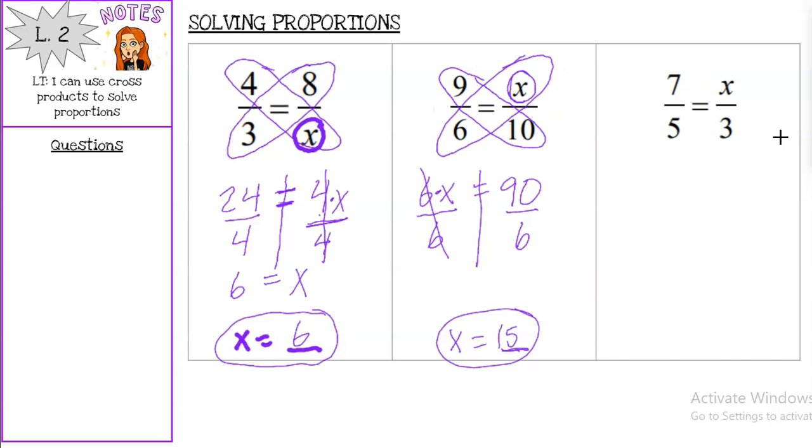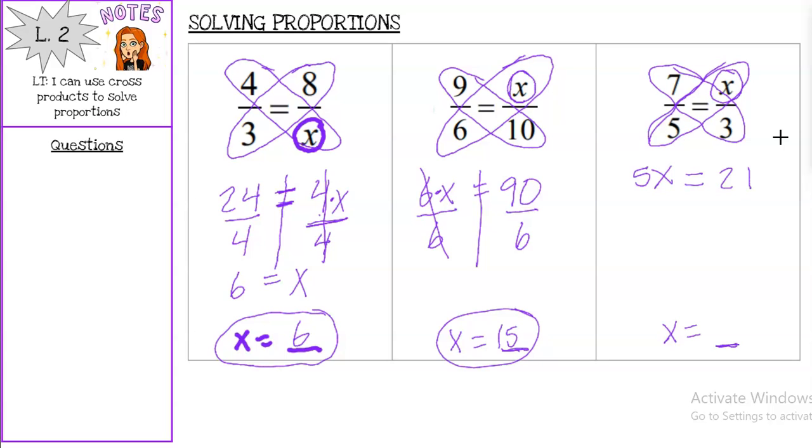And our last problem here, we have 7 over 5 equals x over 3. So again, our end goal is to figure out what x is. First off, we do those cross products. What's 5 times x? 5 times x is 5x. Then we do 7 times 3. 7 times 3 is 21.